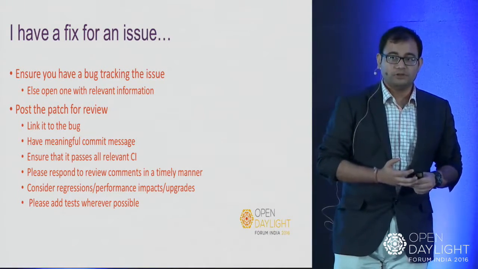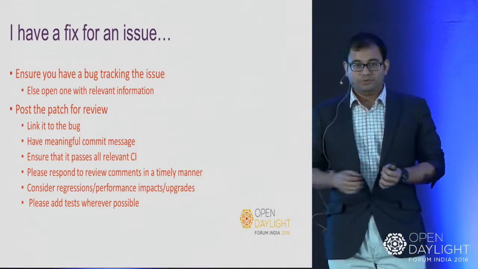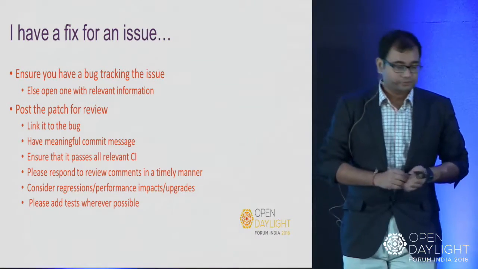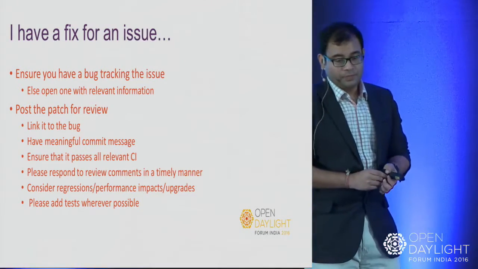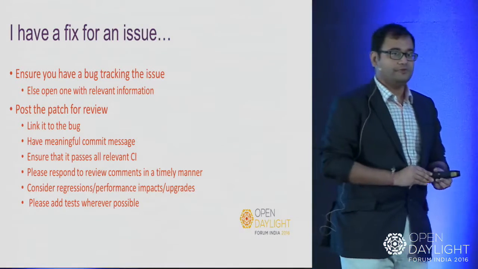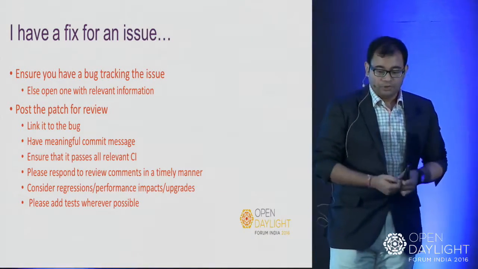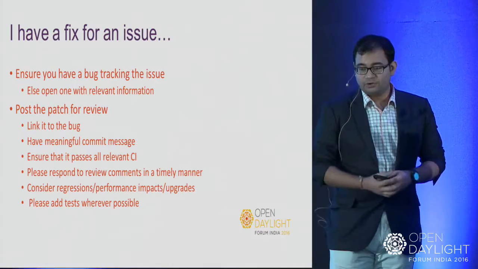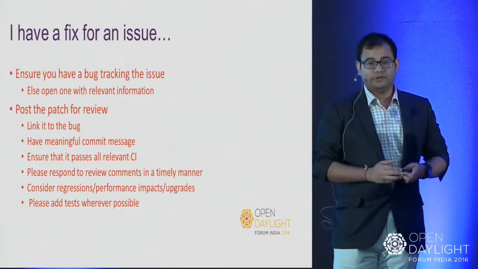Mostly we test with a lower number of things, but the moment we have around 1 million flows or hundreds of switches, things can break. And wherever possible, if you are adding something, like we recently added a flag for LLDP monitoring, we can test it out in our own development environment.